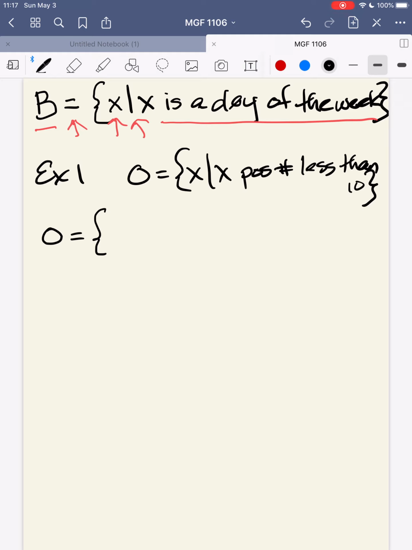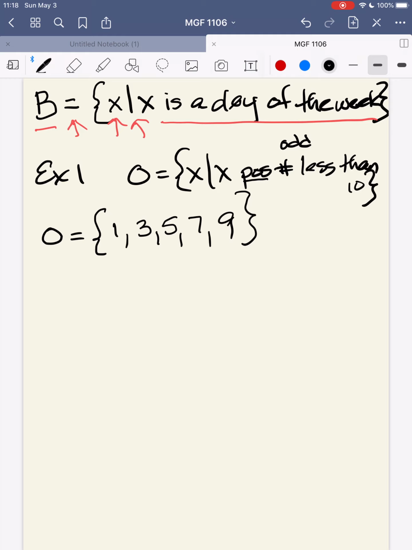Positive odd numbers less than 10 are 1, 3, 5, 7, and 9. Because I said they were positive odd numbers, I don't include anything on the negative side. I could ask that also, and you would have to list it in a slightly different way, which we'll talk about in a little bit.